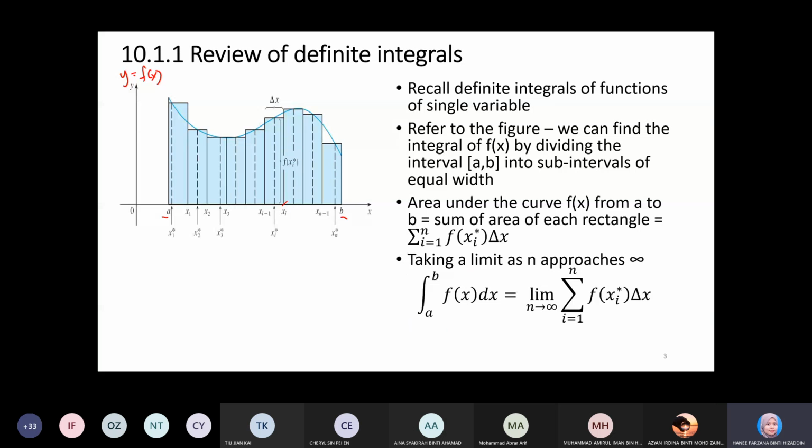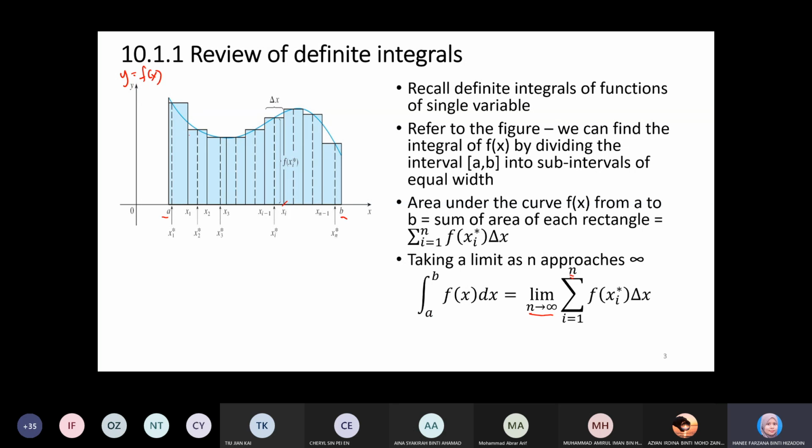You can also estimate the area by dividing the interval a to b into subintervals of equal width, with n segments. Previously we talked about this in applications of integration: when you divide the interval into n subintervals, it becomes more accurate as n approaches infinity. The higher the number of n, the more accurate your estimation will be.